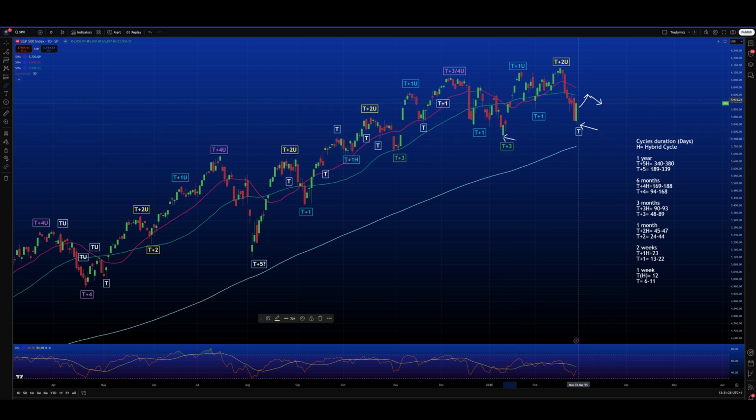But if by mid of next week we start to go higher compared to the top that we have at $6,009, then from this low here, we might have the beginning of something that is more a weekly cycle, but eventually a monthly cycle.